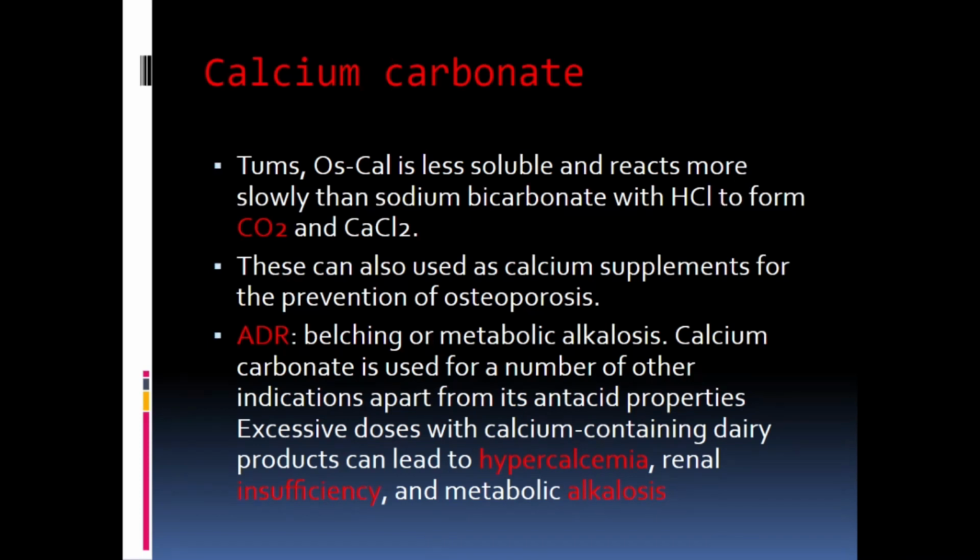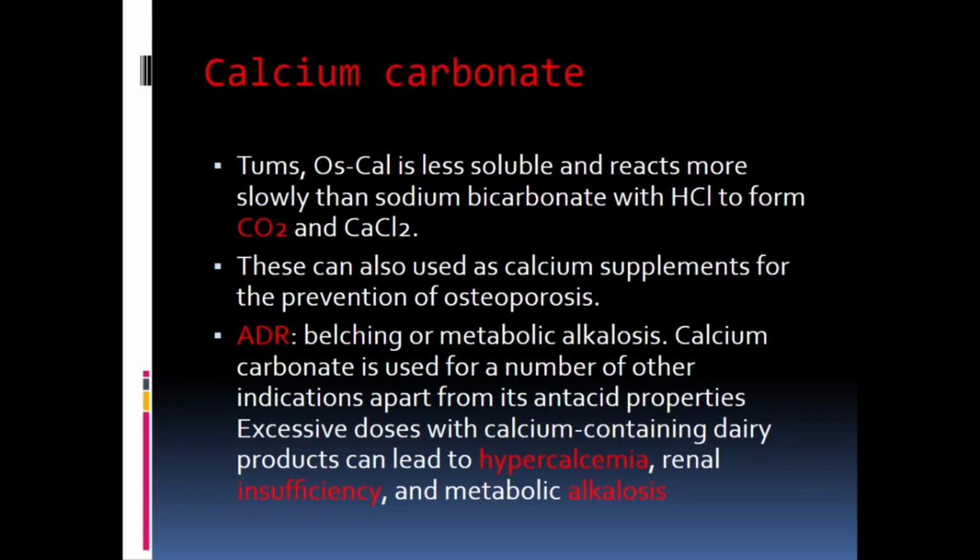Calcium carbonate, examples of which are Tums and Oscal. These are the brand preparations. They are less soluble and react more slowly than sodium carbonate with HCl to form carbon dioxide and calcium chloride. These can also be used as calcium supplements for the prevention of osteoporosis, which I discussed in the beginning.